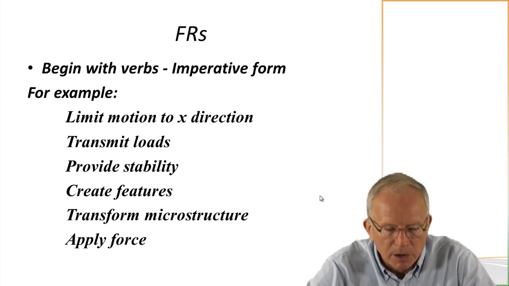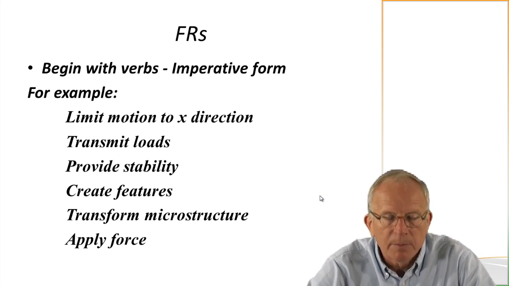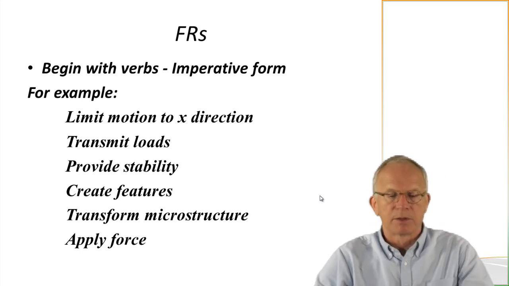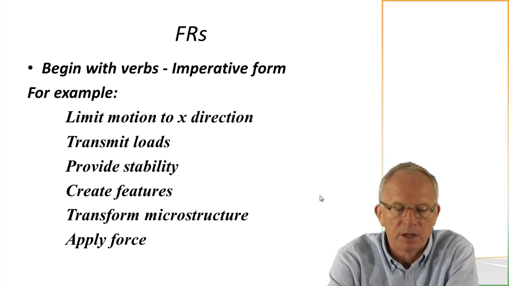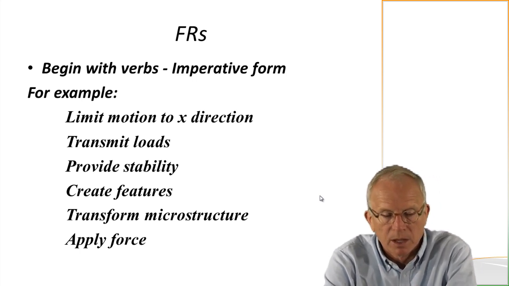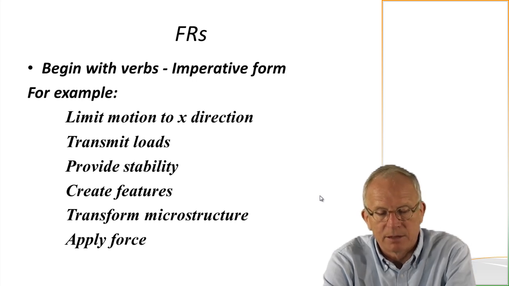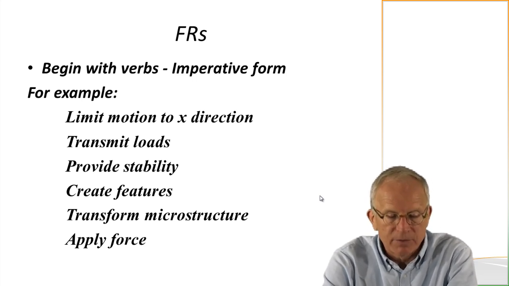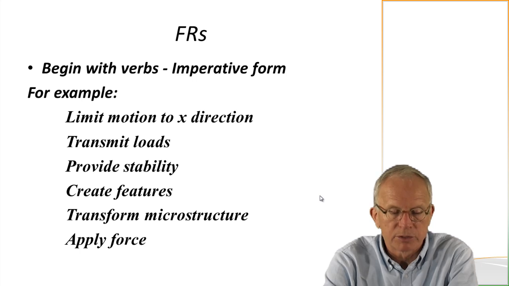Begin with verbs, imperative form. We've already said that. And here's some examples. Limit motion to the X direction, for example. This can be important on a machine tool. Transmit loads so that we get back to some sort of solid kind of reference inertial frame. Provide stability, for example. Create features, transform microstructures, apply force.